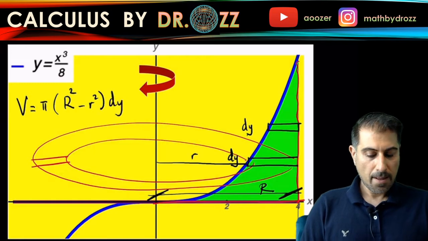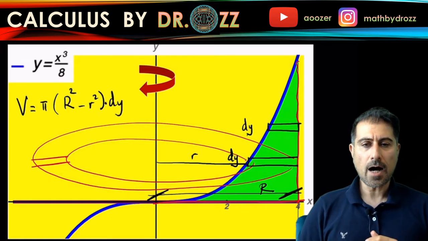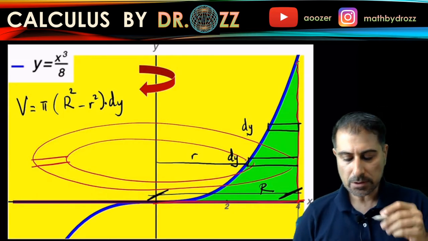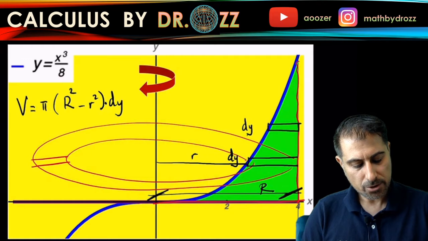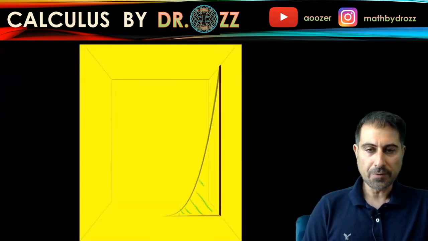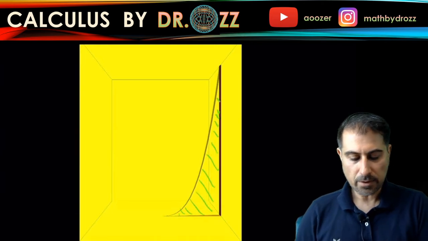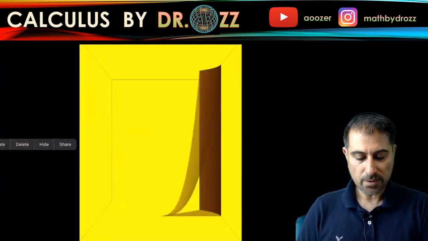Okay. And at this moment, I want to show you the actual three-dimensional object after the revolution. Here we go. This is our region, the green region, and we're revolving about the y-axis. So we keep revolving, revolving, revolving.